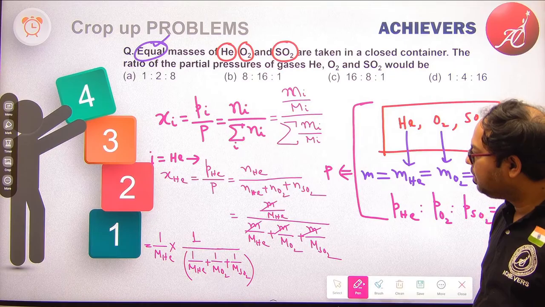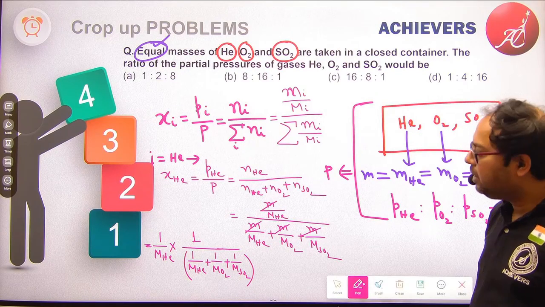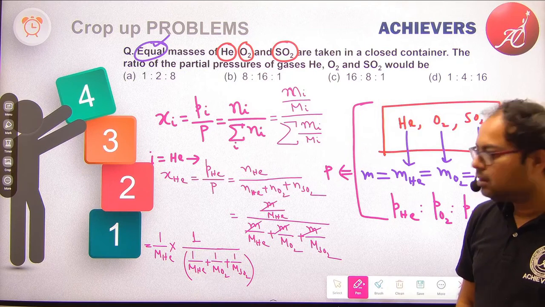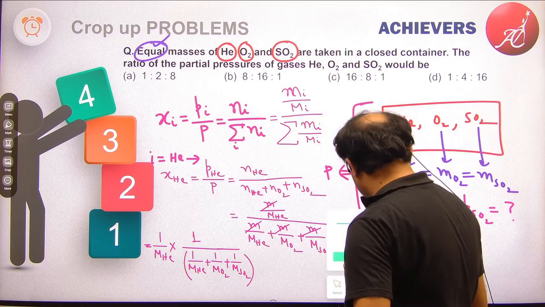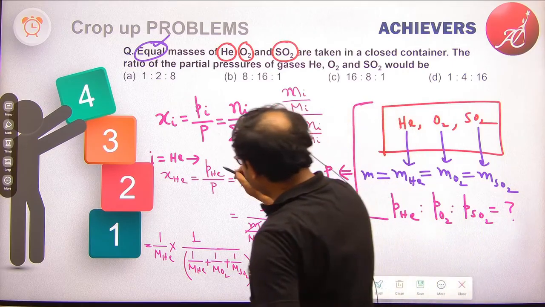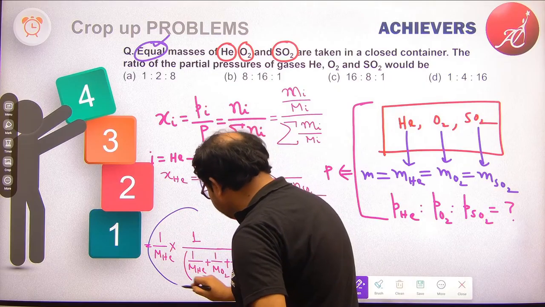So we can equate P helium by P with this.